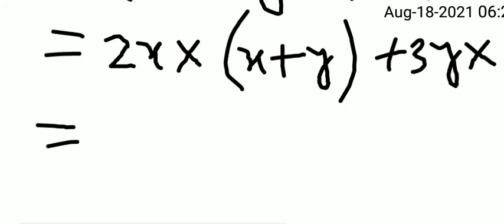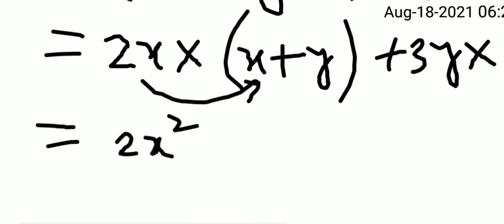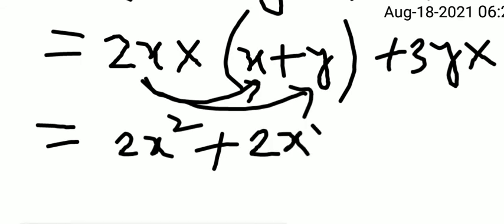Now give an equal sign. 2x multiplied with x will be 2x square, plus 2x multiplied with plus y will be plus 2xy. First one is complete.